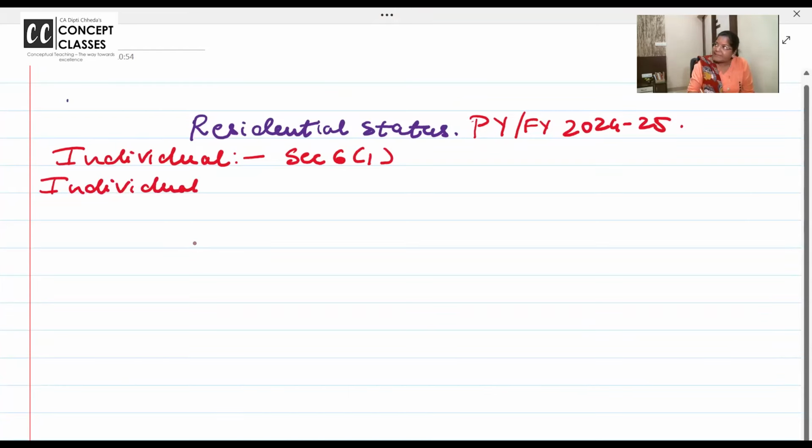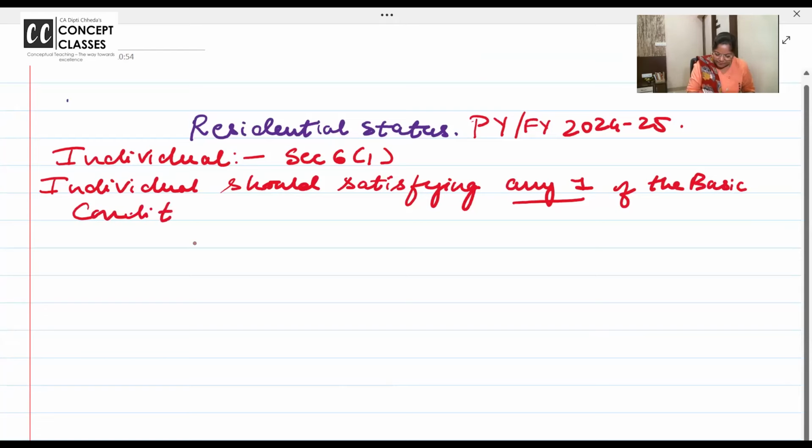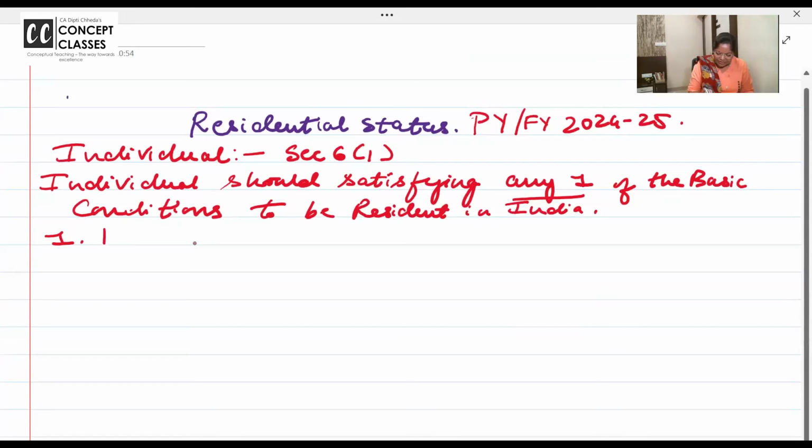Individual should satisfy any one of the basic conditions to be resident in India.